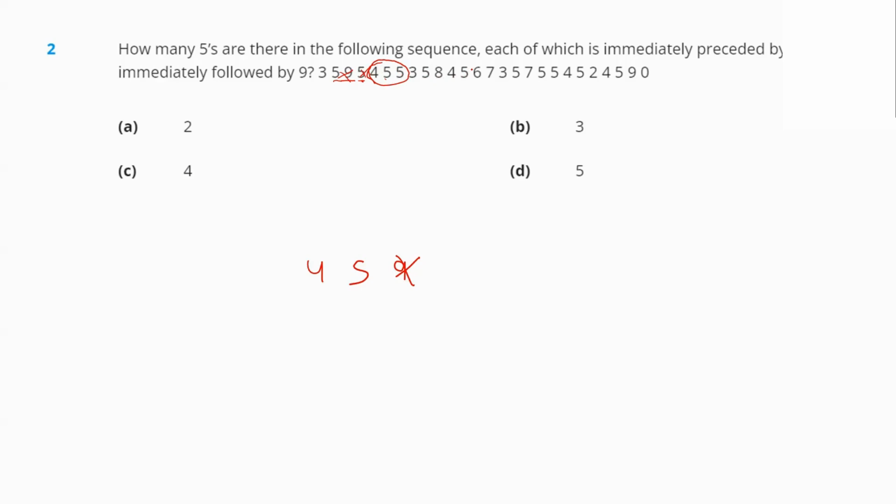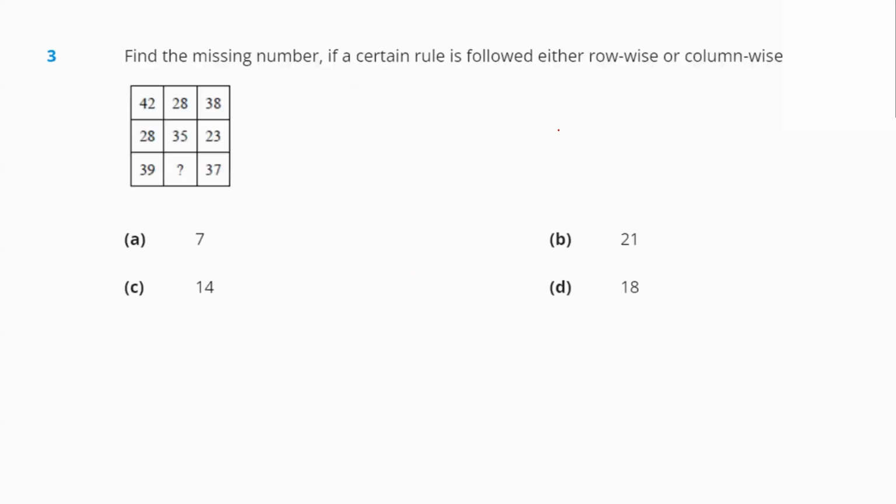No. In this also we see. Moving next. This is also next, but 9 is following, so this will not count. So we have 1, 2, 3 sets. So answer B is the correct answer. Moving on to the next question.